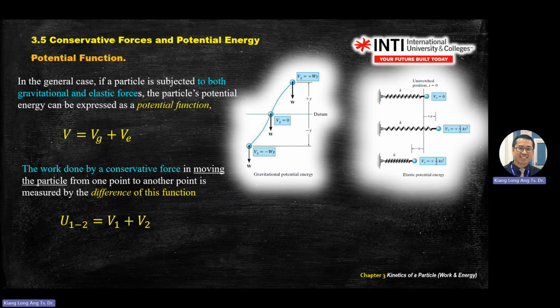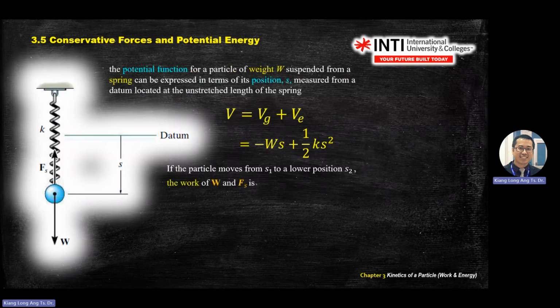These two. So, for example, if you have a datum over here, and there's a sphere over here, when you use potential energy, your equation should be Vg, meaning gravitational, plus Ve, the elastic component.